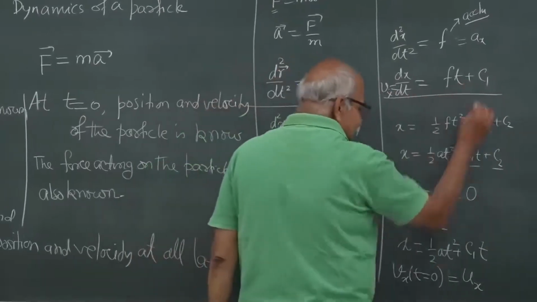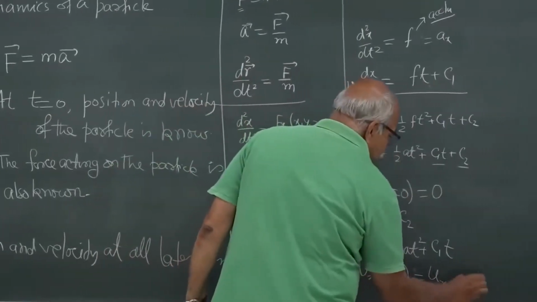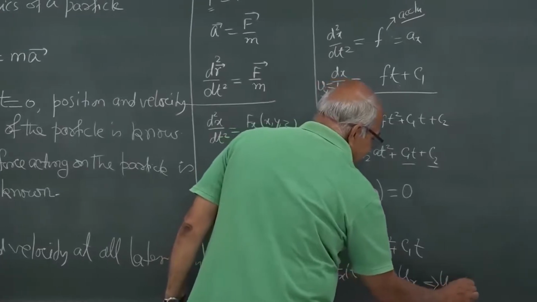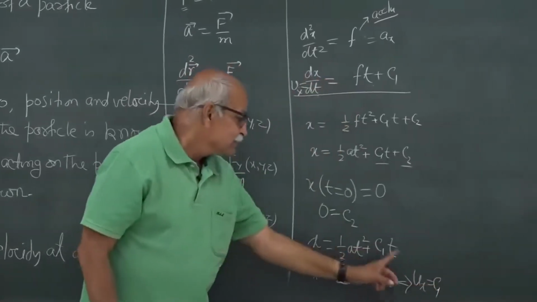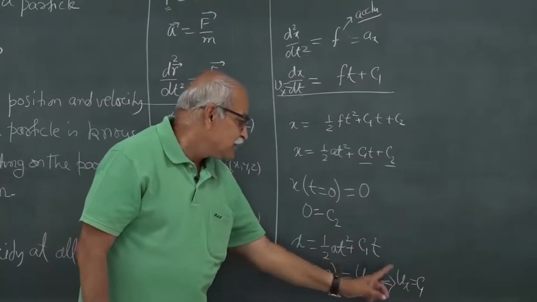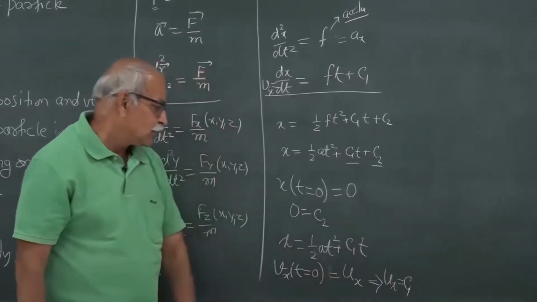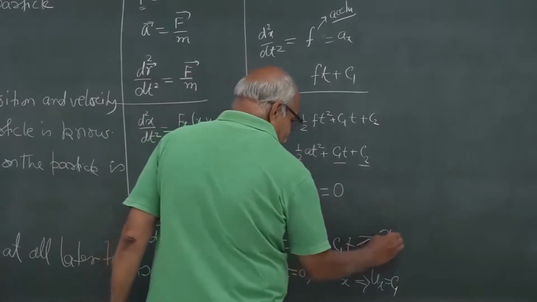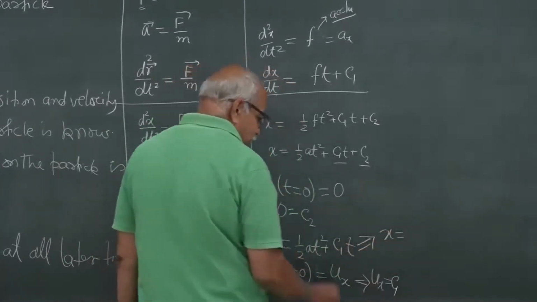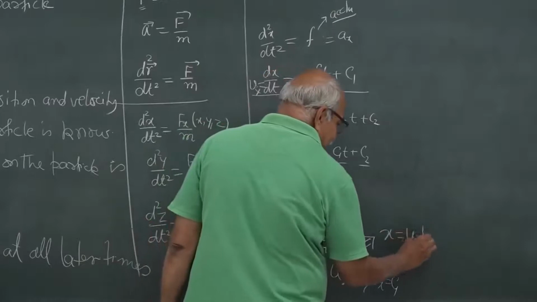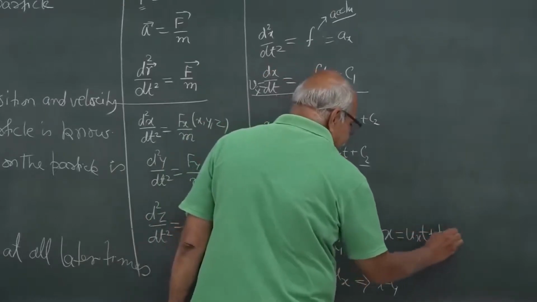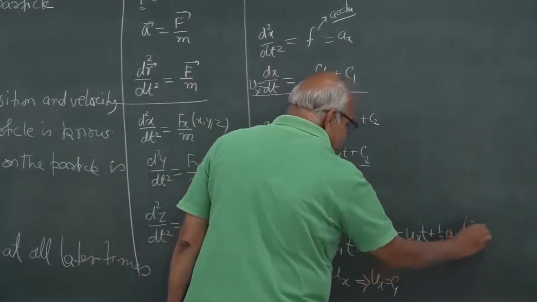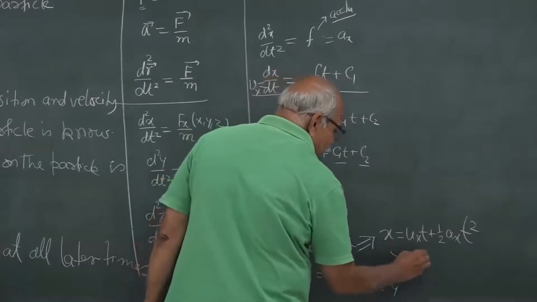So, this c1 is the x component of the velocity at t equal to 0, and you put it here and you get your very well known equation, x is uxt plus half axt square, and same is the story for y and z components.